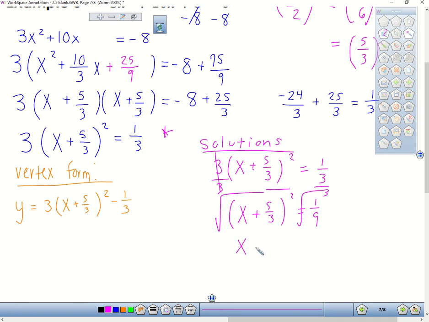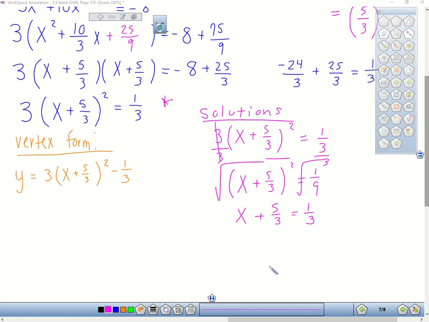That gives me x plus 5/3 is equal to 1/3, because the square root of 1/9 is 1/3, but I have plus or minus, so that's going to become x plus 5/3 equals 1/3, and x plus 5/3 equals negative 1/3.